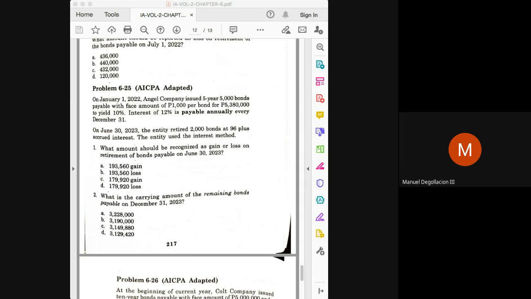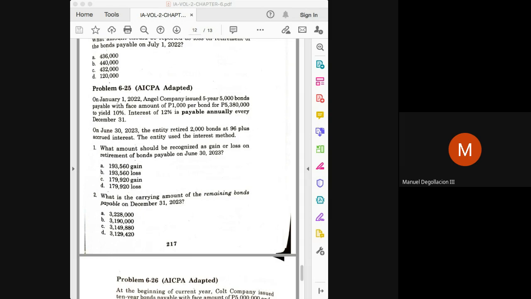First thing we need to do to get its carrying amount at the end of the year would be to get the interest expense. Interest expense would simply be 3,190,800 times the effective interest rate of 10%. We would get 319,080. Compare this with the fixed interest payment of 3 million times 12%, we would get 360,000.